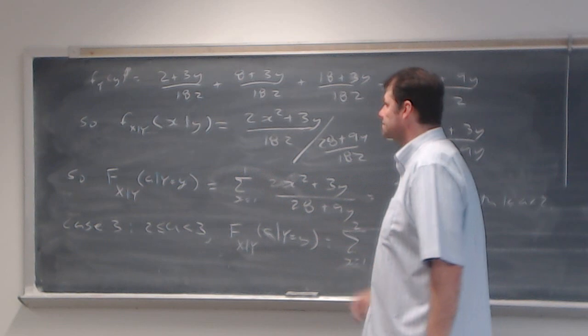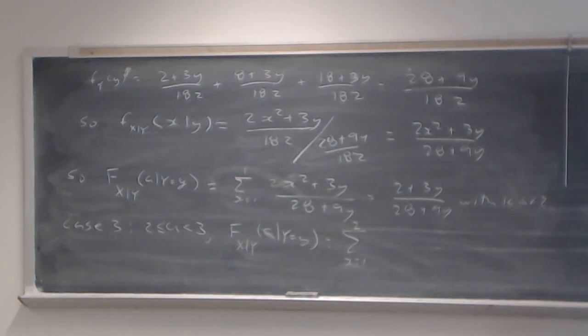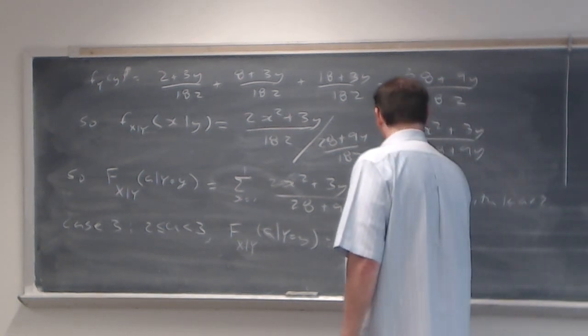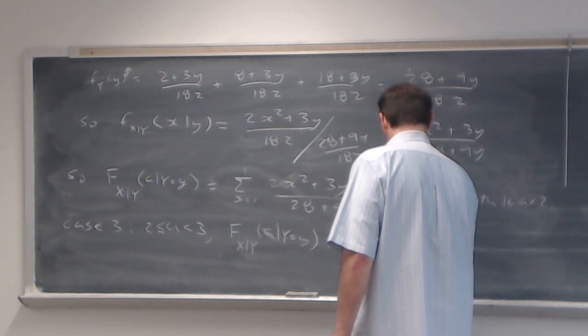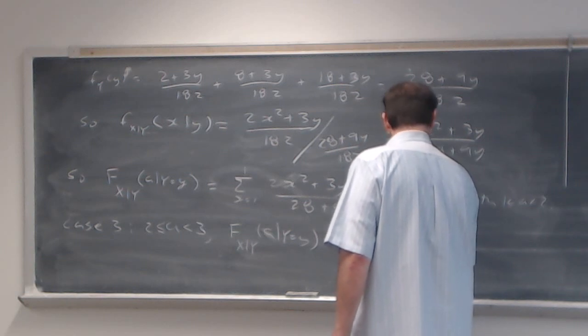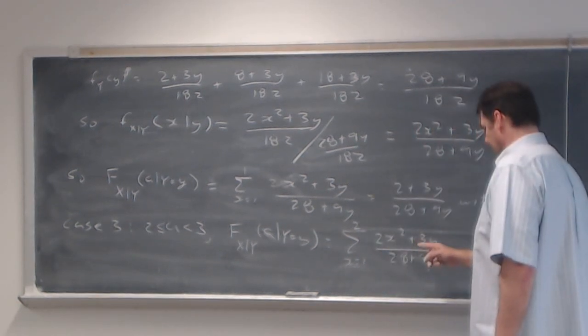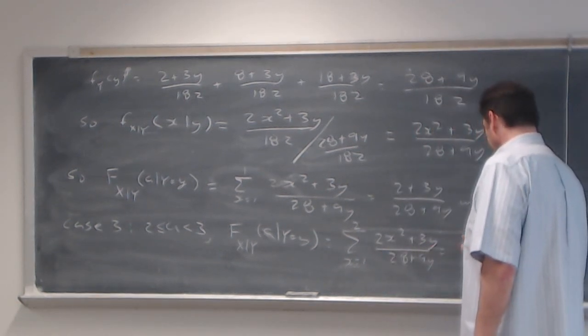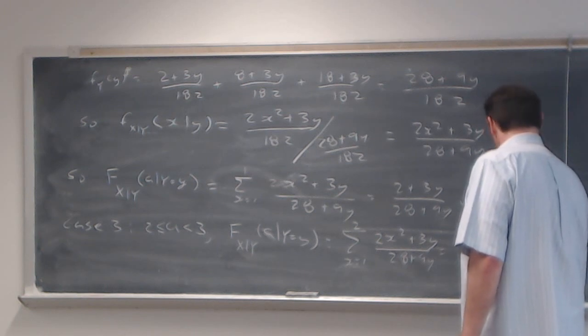of the conditional probability mass function. So that's going to be 2x squared plus 3y over 28 plus 9y. And so here are two things added together. When x is 1, again, I get 2 plus 3y over 28 plus 9y.